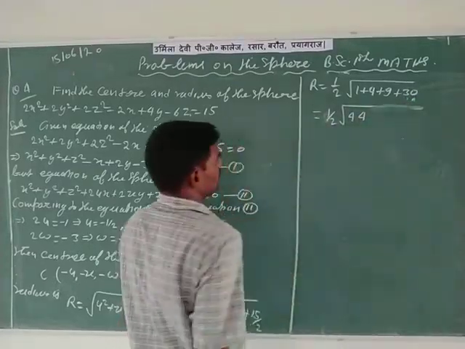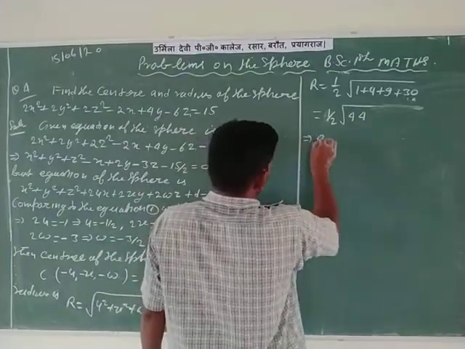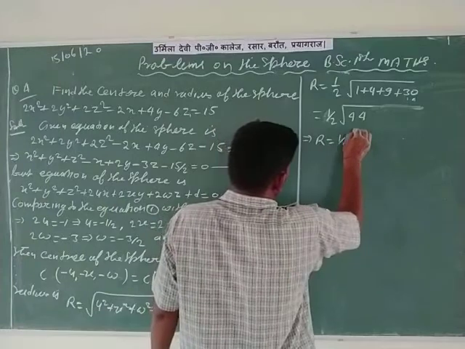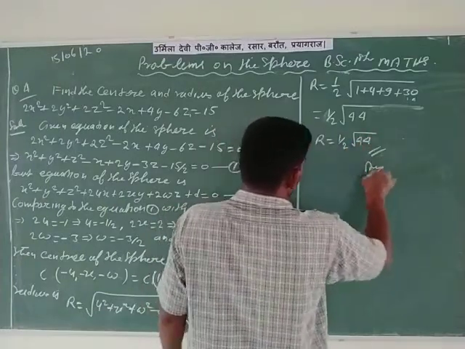So the radius of the sphere is equal to 1 by 2 times under root 44. It's the complete solution.